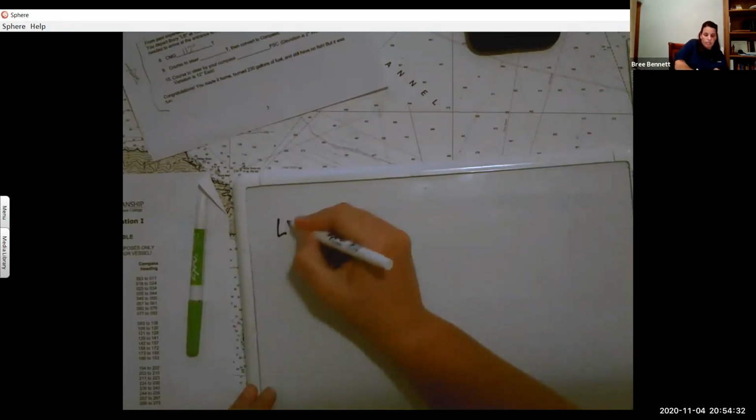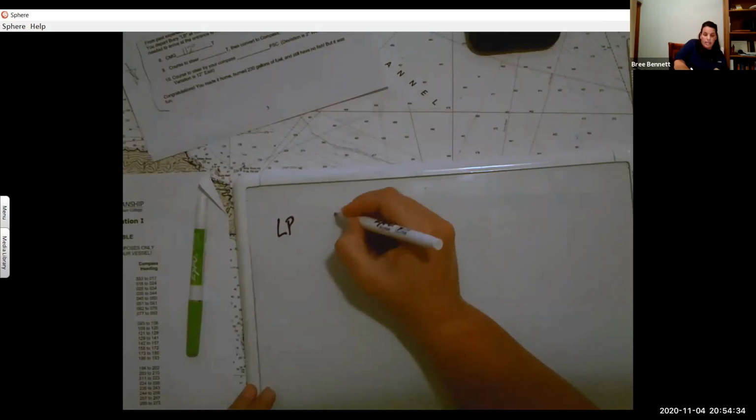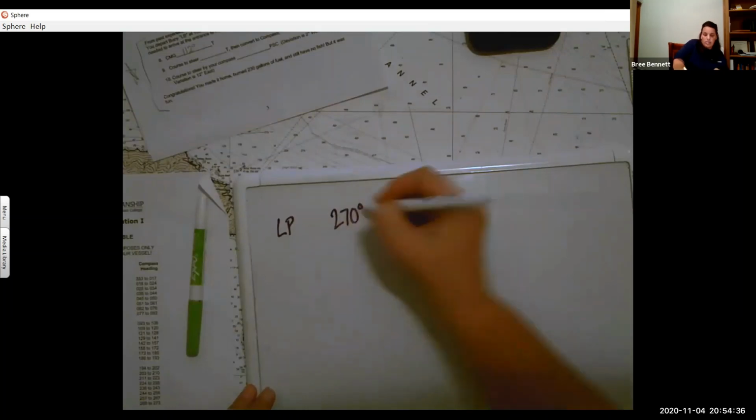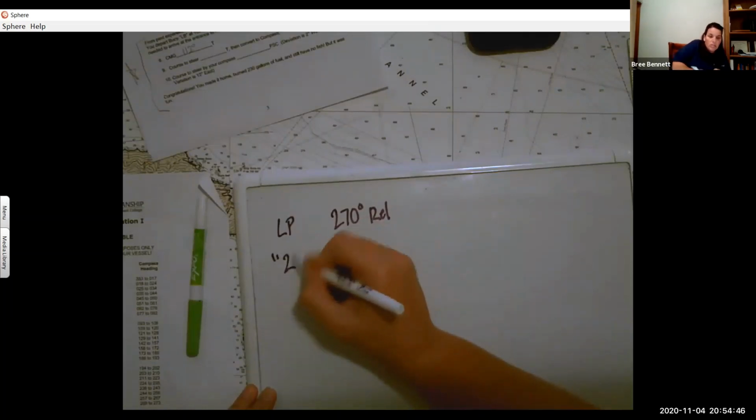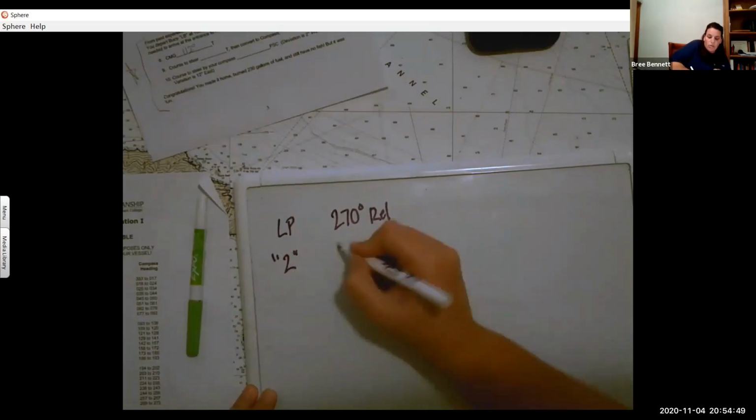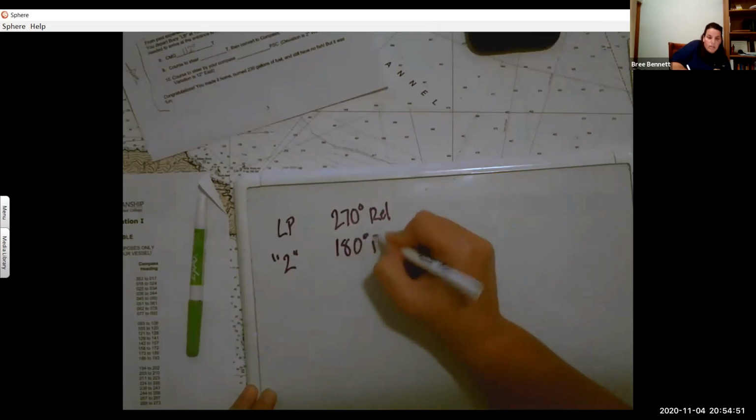Then we have Long Point has a bearing of 270. So these are relative, 270 degrees relative. And at the same time, Light 2 has a bearing of 180 degrees relative.